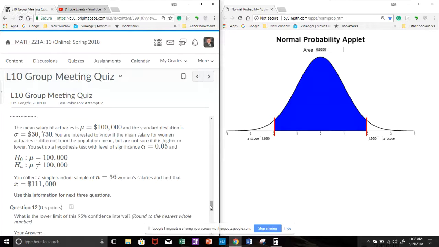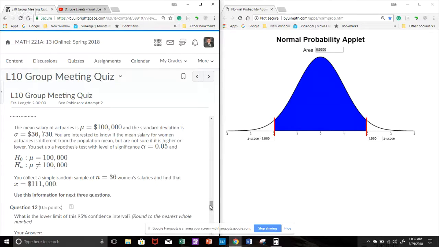Okay, now that we have that number, we need to subtract. 100,000 minus 11,998.46667, and I think you can just round to the whole dollar.